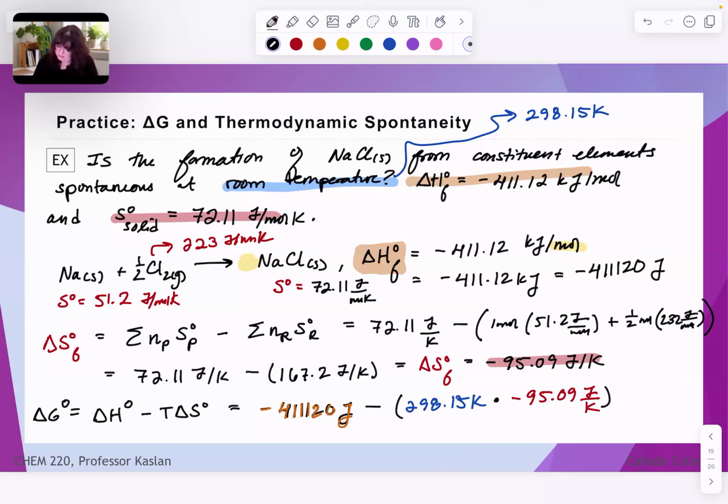All right, let's see what we get here. So we have negative 411,120 minus 298.15 times negative 95.09.